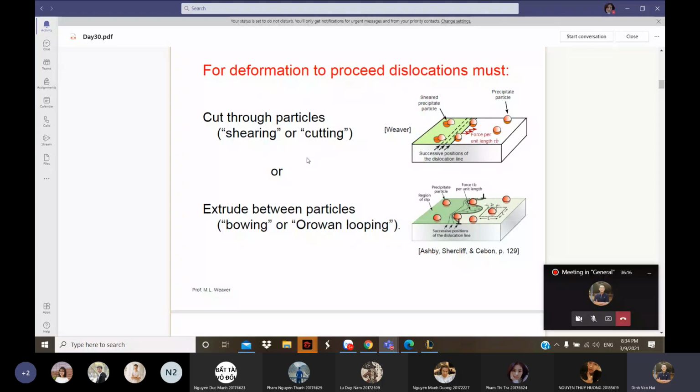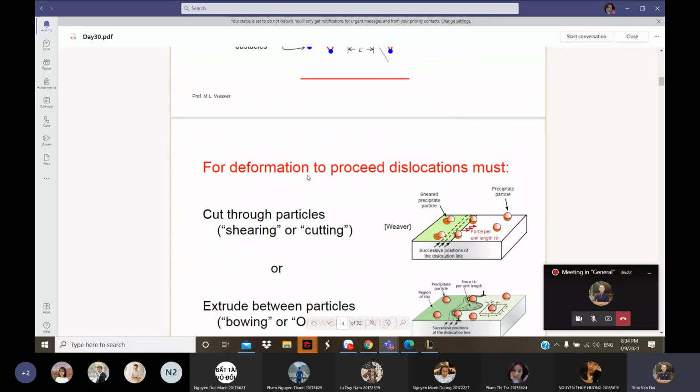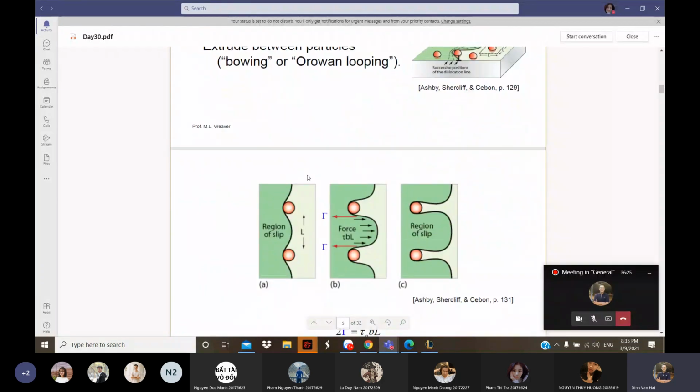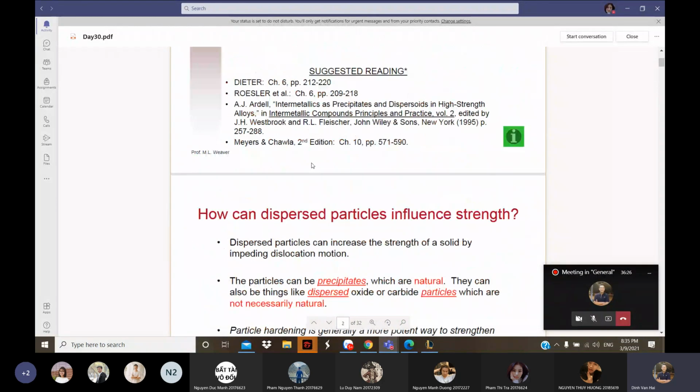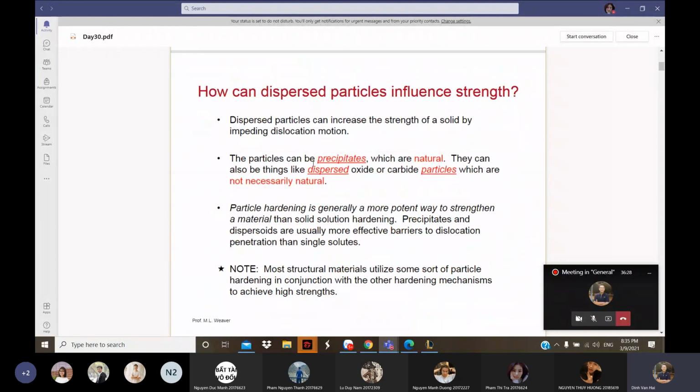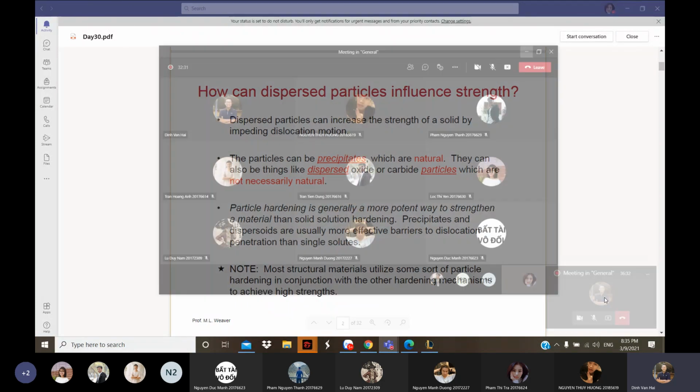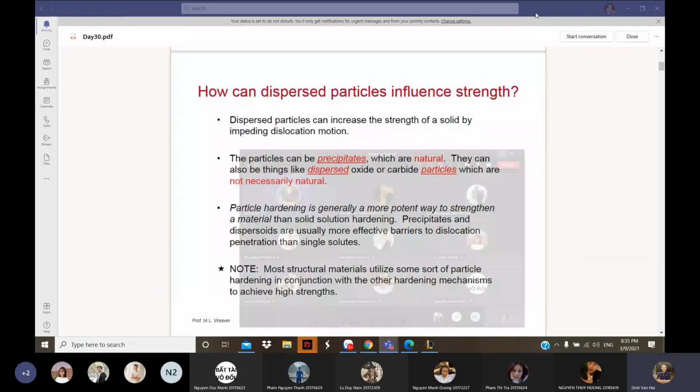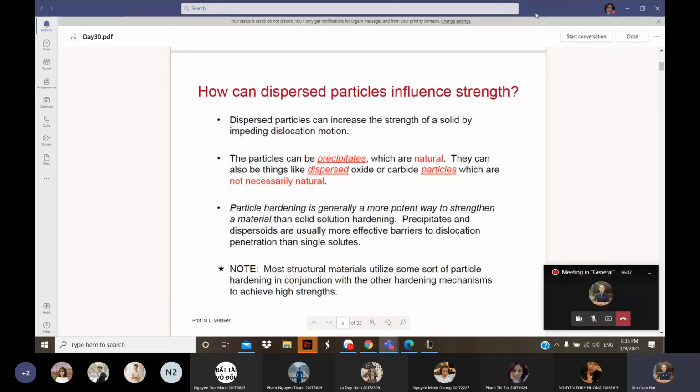So right, as I told you, the particles can be precipitates, real natural, or they can also be things like dispersed oxide or carbide particles. So we are not natural, right? It means that sometimes it's from inside the materials, so it's precipitate.